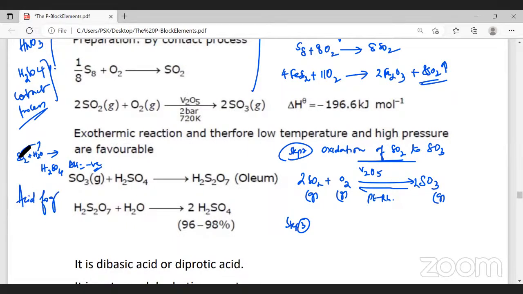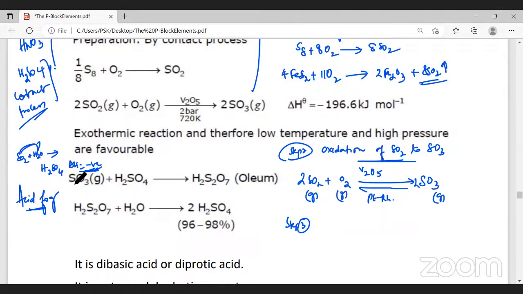So dissolution of sulfur dioxide in water will not take place. Sulfur dioxide will not react with water to form sulfuric acid. Only a little amount will be formed, and the energy liberated is so high that it forms acid fog. Dissolution of sulfur dioxide in water is restricted.